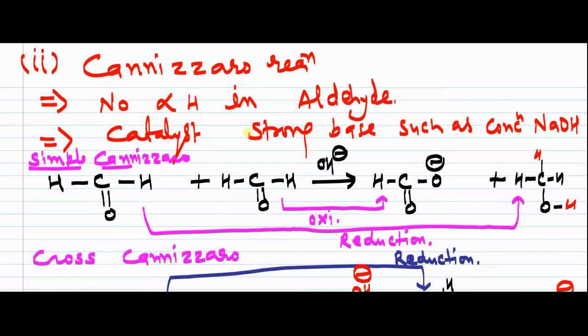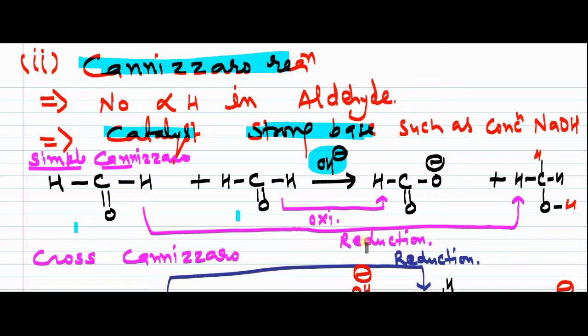Second, Cannizzaro. In the Cannizzaro reaction, aldehyde with no alpha hydrogens, catalyst strong base. HCHO, formaldehyde, no alpha hydrogens. 2 moles of formaldehyde react with each other in the presence of strong base.